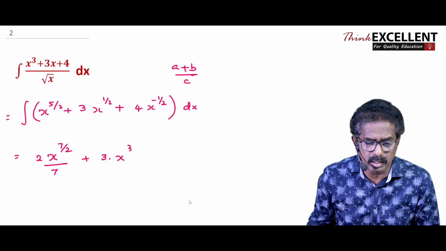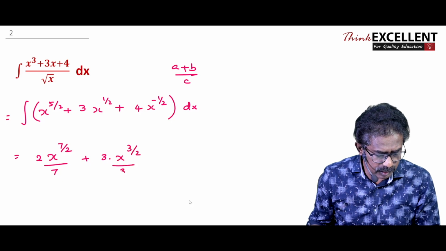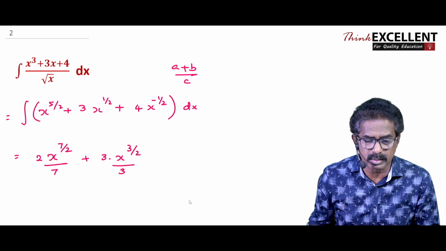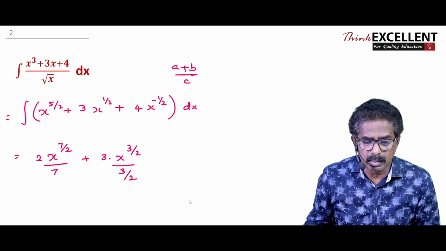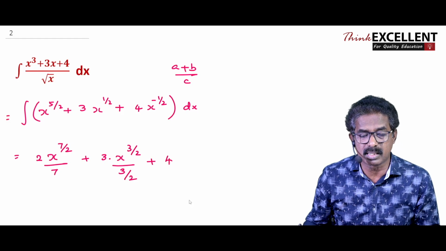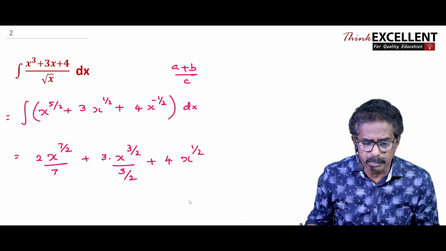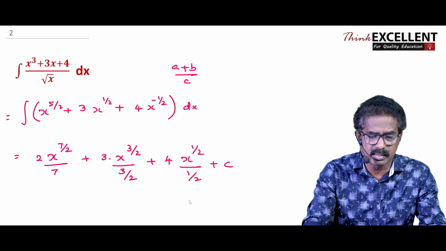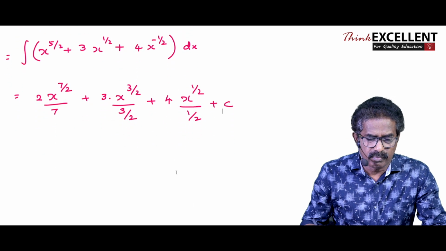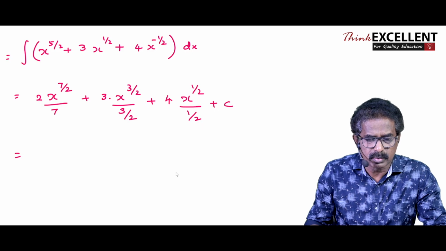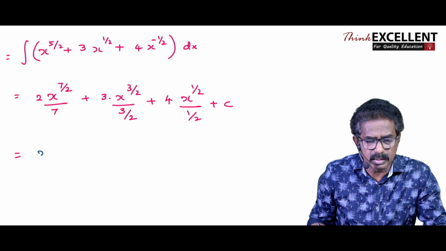So x raised to 3 by 2 by 3 by 2, that 2 has to go up, right? Similarly plus 4 into x raised to minus half, add 1, plus half, x raised to 1 by 2 by 1 by 2, plus c. If you simplify this, first term write as it is, 2x raised to 7 by 2 by 7.